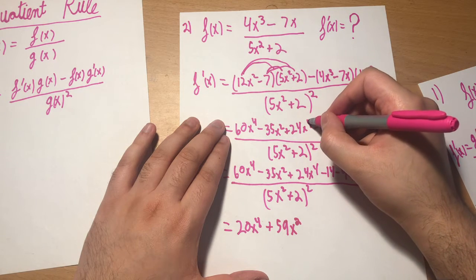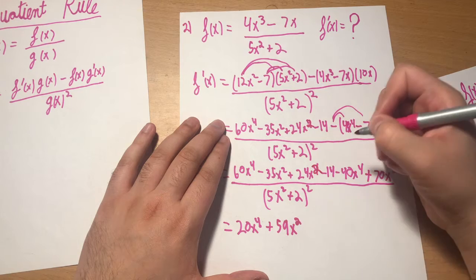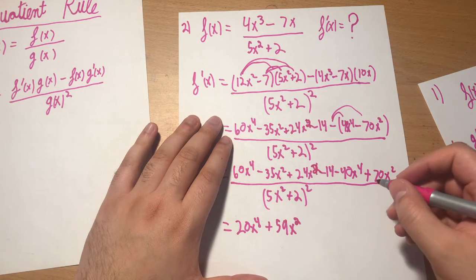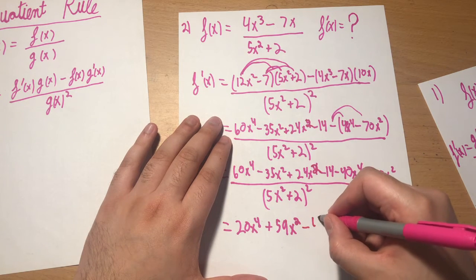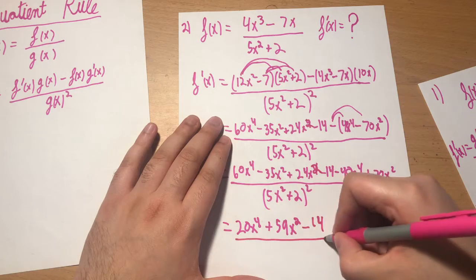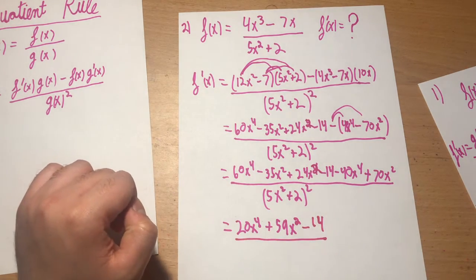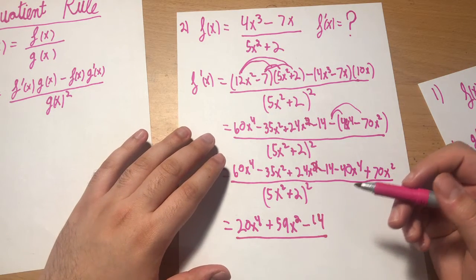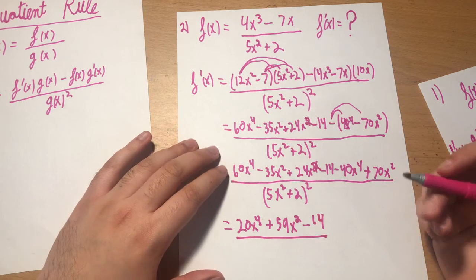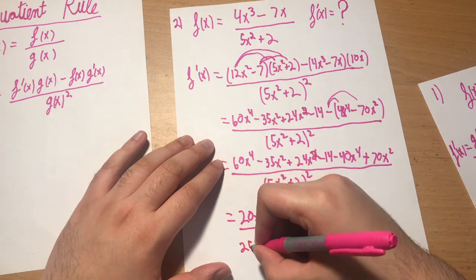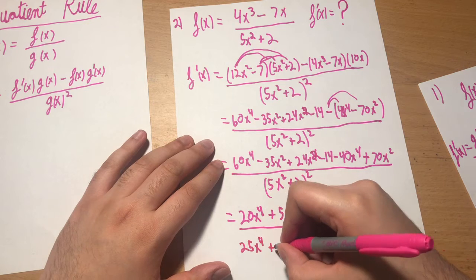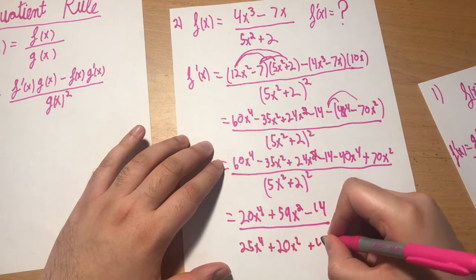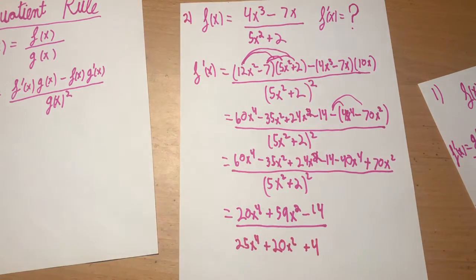This should have been 24x to the second. I accidentally wrote to the fourth. Next, I only have a negative 14 left. Okay? And I'm going to just distribute out this denominator. So you should be familiar with, a plus b squared should be a squared plus 2ab plus b squared, which gets us 25x to the fourth plus 20x squared plus 4. All right, so simple as that.